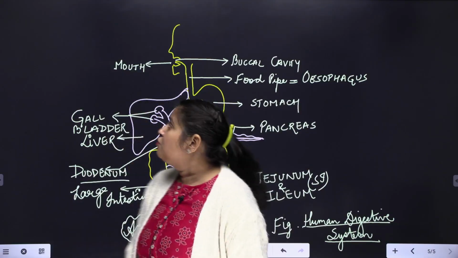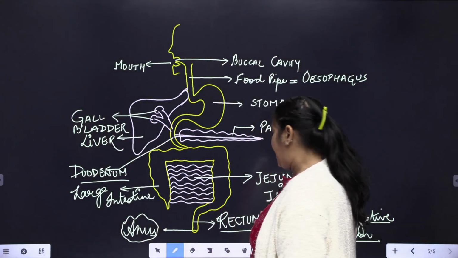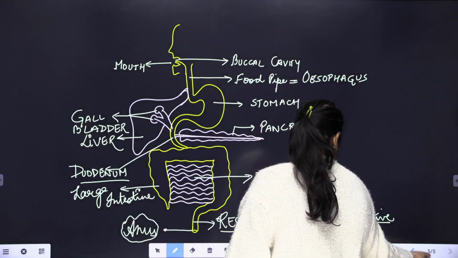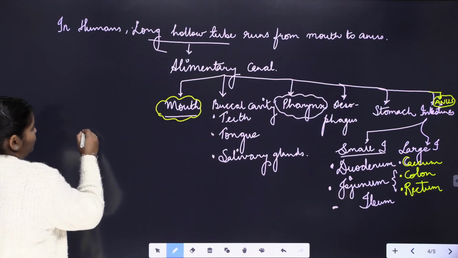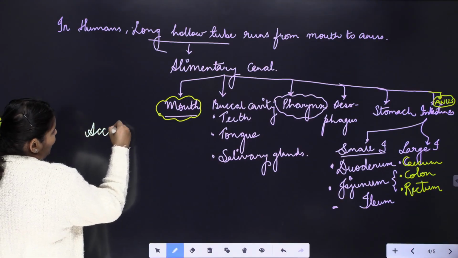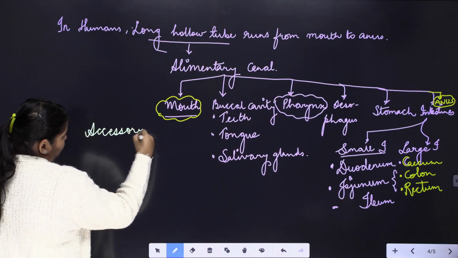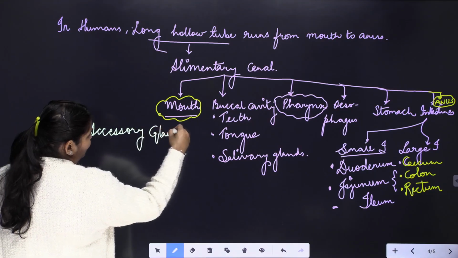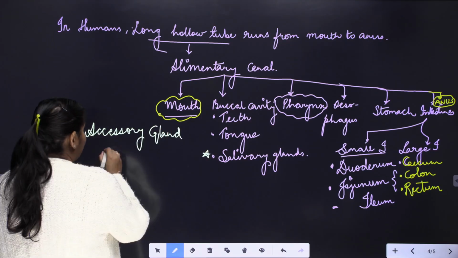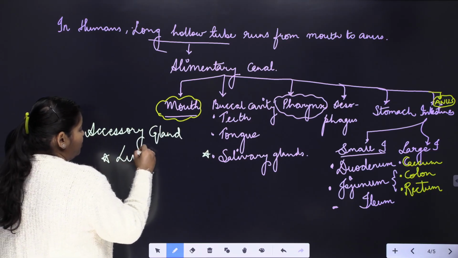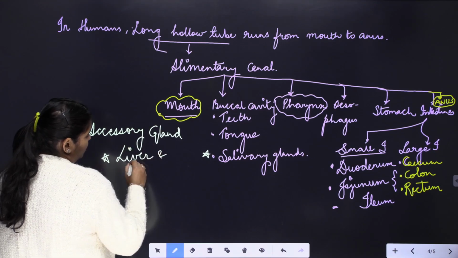All right. So this is the diagram. And yes, I was talking about the accessory glands. So I will mention these accessory glands here also. The accessory glands. One I have written here in the buccal cavity, which is the salivary gland. The second one is the liver and gallbladder.